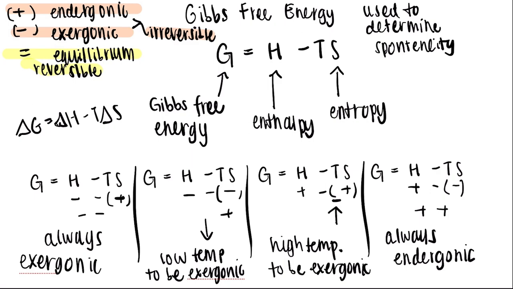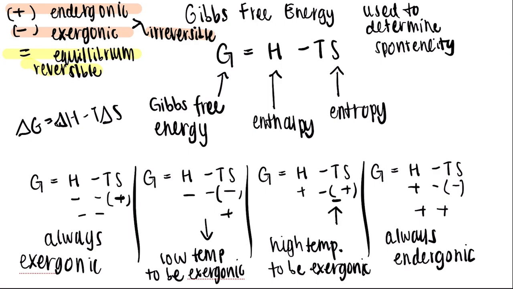For example, if you have a negative 2 and a positive 1, the negative 2 is still going to be a higher portion than the positive 1, so it's still going to be overall negative. If that does not make sense, just remember you want your negative to be greater for it to be exergonic. So you want the positive to be less, so you need a lower temperature.